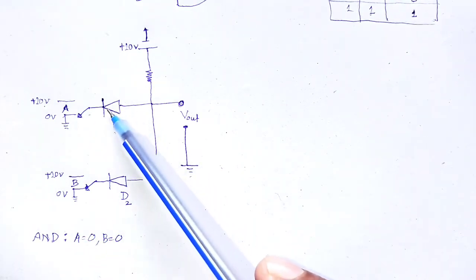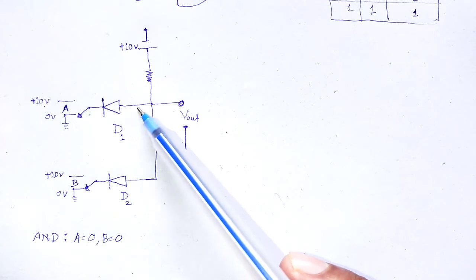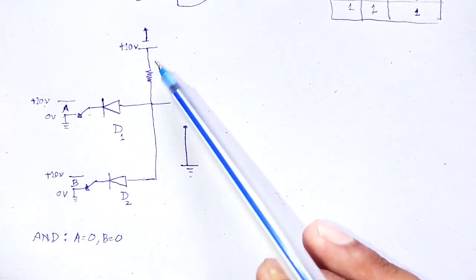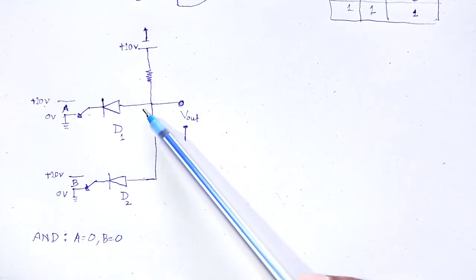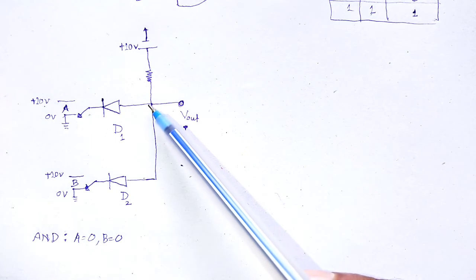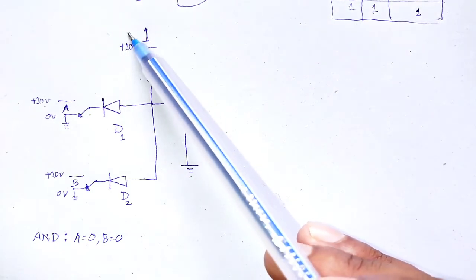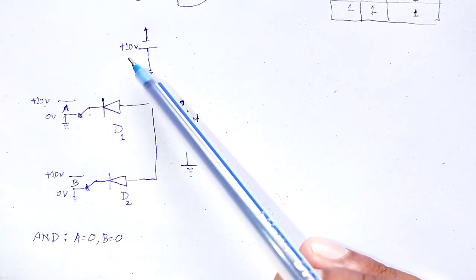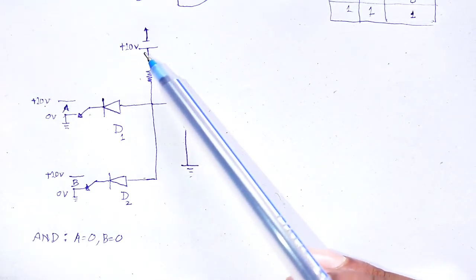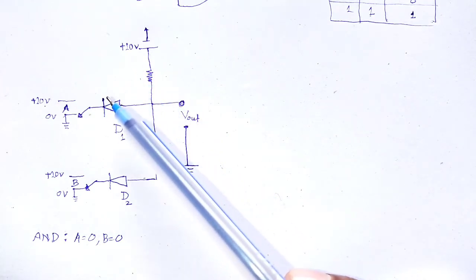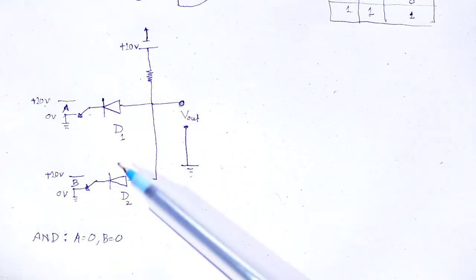The anodes of the diodes are connected to the ground through that of resistor having resistance R. So, the resistor R is connected to that of 10 volts to provide the forward biasing current for the diodes and the current for output to drive.